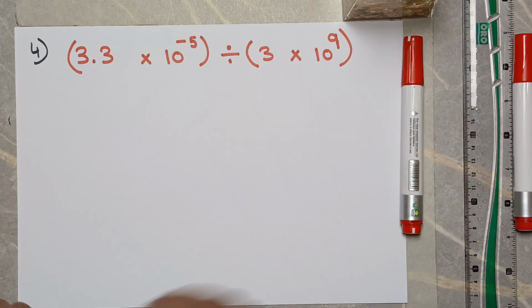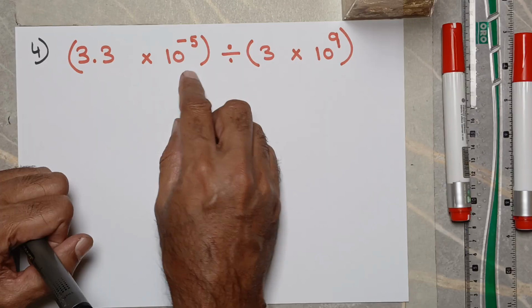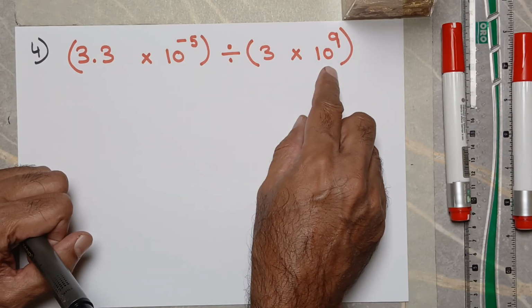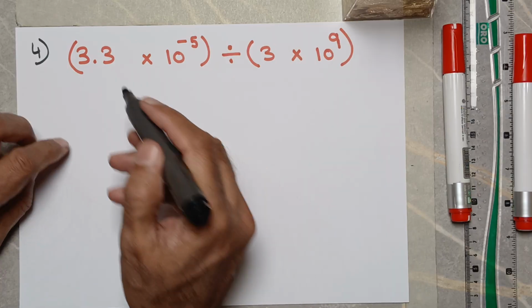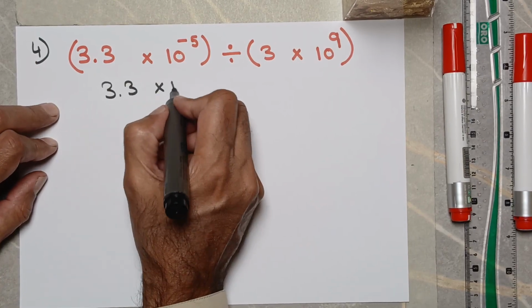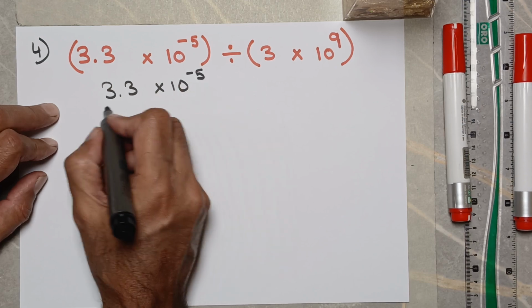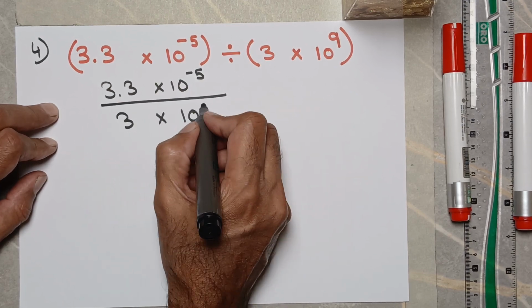In question number 4, we have 3.3 times 10 raised to the power minus 5 divided by 3 times 10 raised to the power 9. So we will simply write it in this form: 3.3 times 10 raised to the power minus 5 divided by 3 times 10 raised to the power 9.